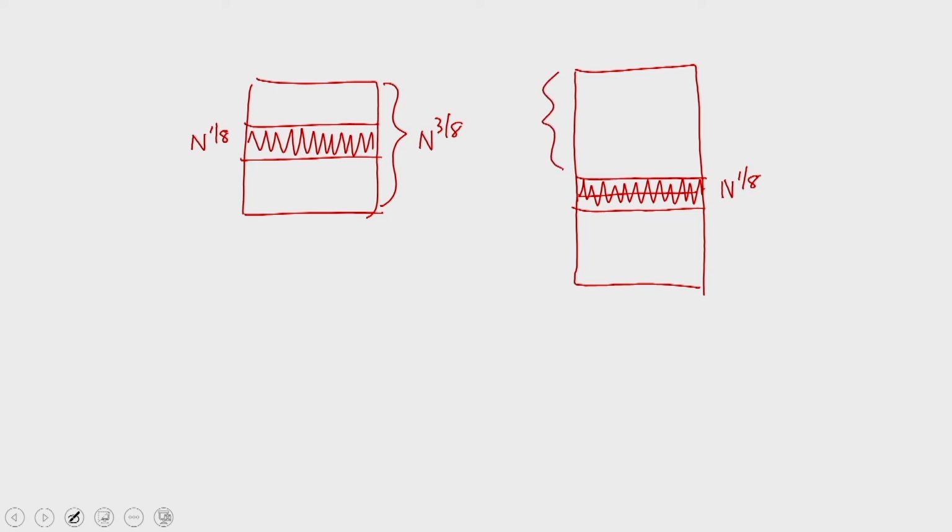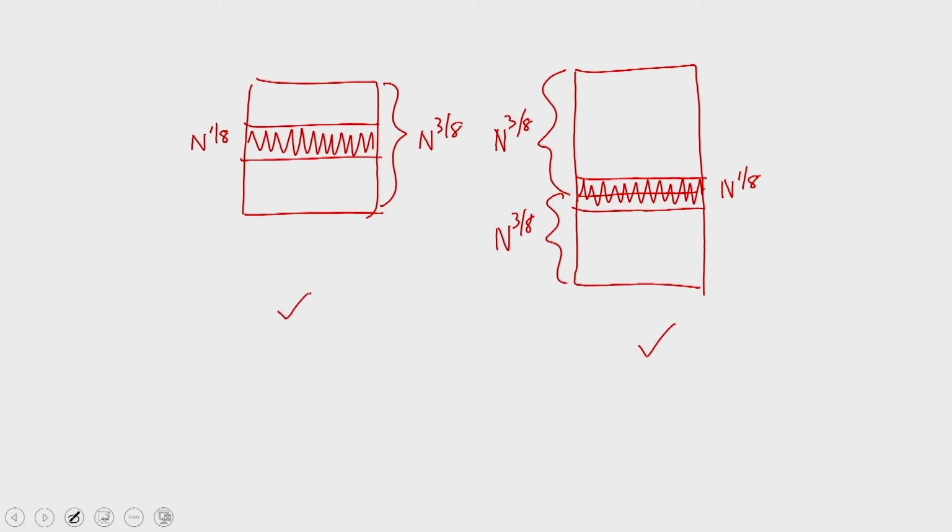The height of a block here to here is n power 3/8, and here to here is also n power 3/8. So now the dirty band will span at most two consecutive blocks within every vertical slice. This second case is the worst that can happen. The first case is the best that can happen.